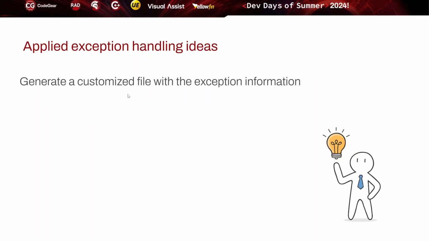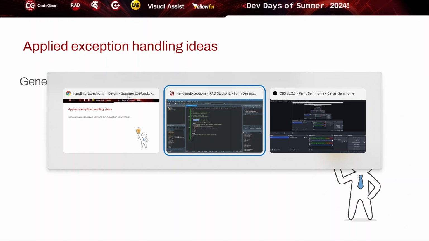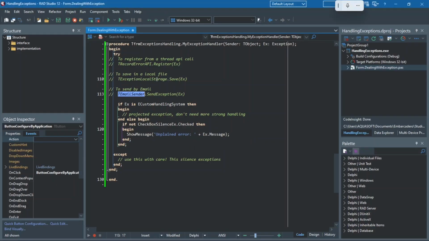Another solution or customized exception handling that we use is to generate a local log storage file, and if you have access to the user machine, or it's only a specific user that has been reporting that kind of exception that you want to handle, you can use this option as well. And for this option, of course, you can use more detailed information capture.